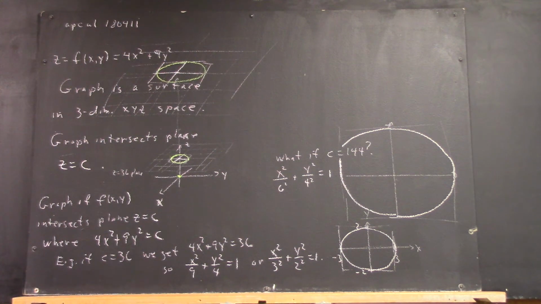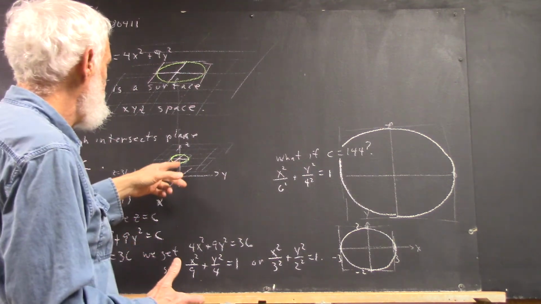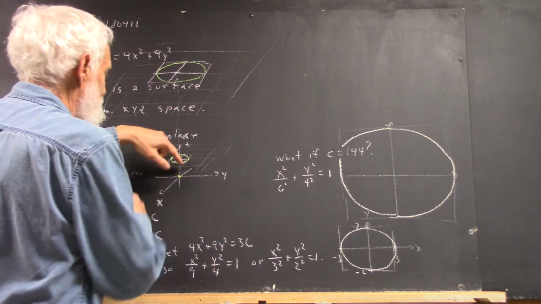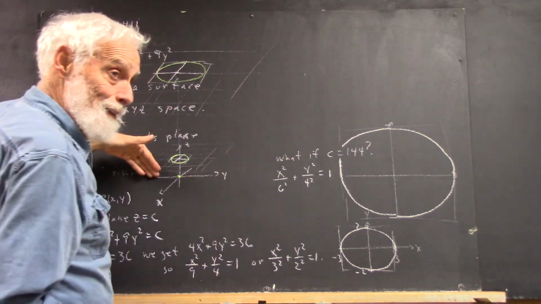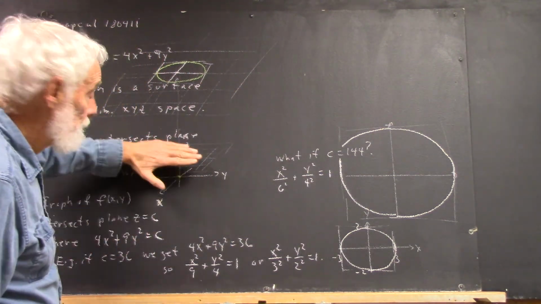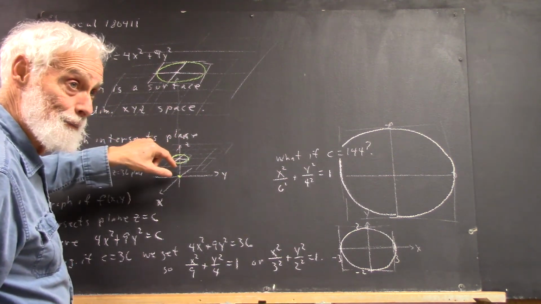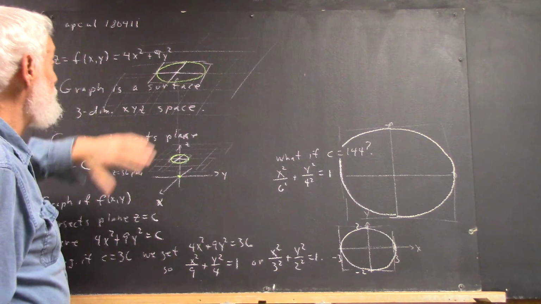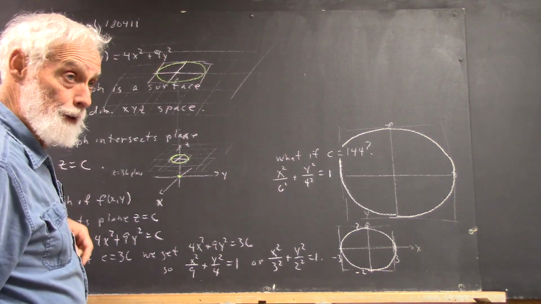Okay? The question is, what could do that? What could go from a point here to this to this? What surface is this that when sliced by the z equals 36 plane gives you this slice, okay? And when you slice it by the z equals 144 plane, you get this, okay?